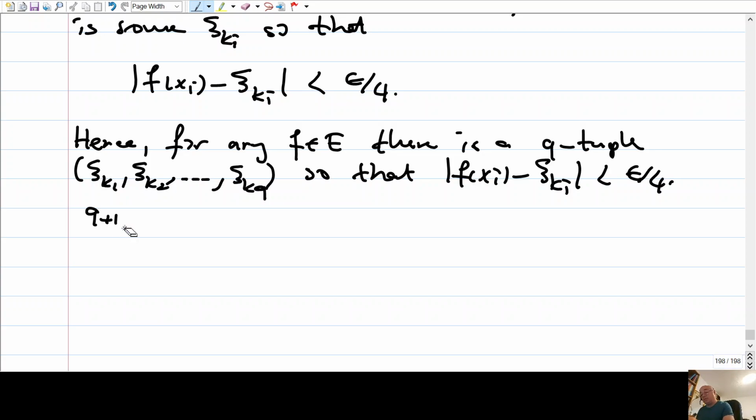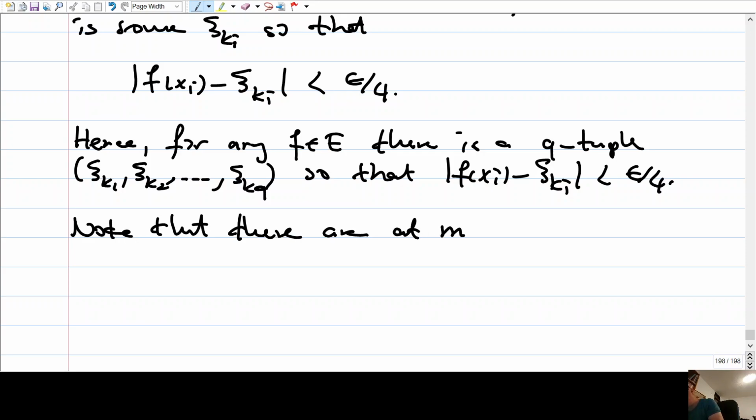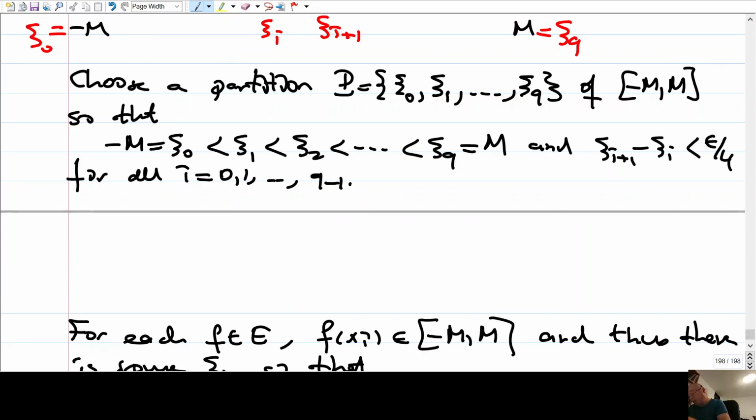Therefore, note that there are at most how many? I choose q of them among q plus 1 of them.